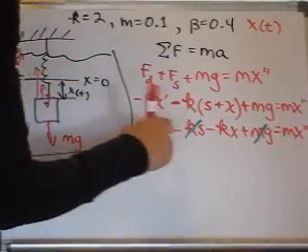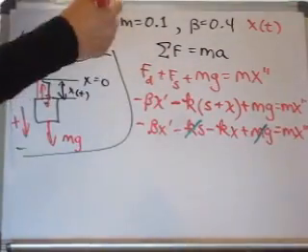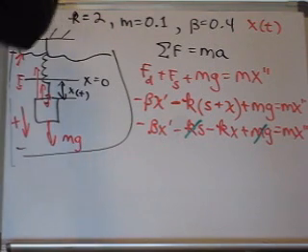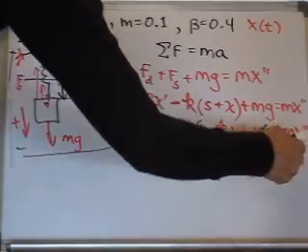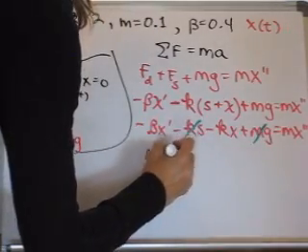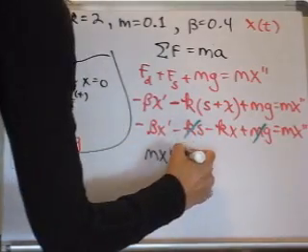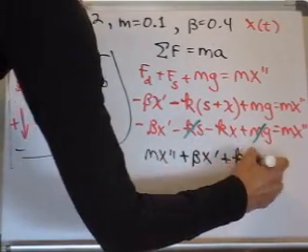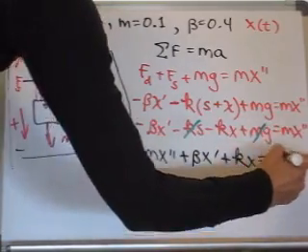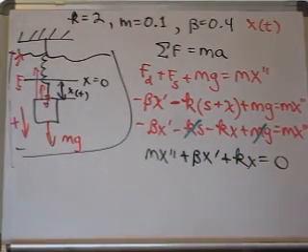If I move the other two terms onto the right-hand side, I'm going to get mx double prime plus beta x prime plus kx, which means I'm moving those terms over to the same side as mx double prime.